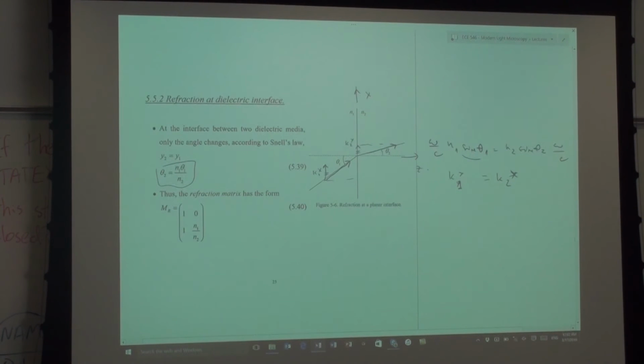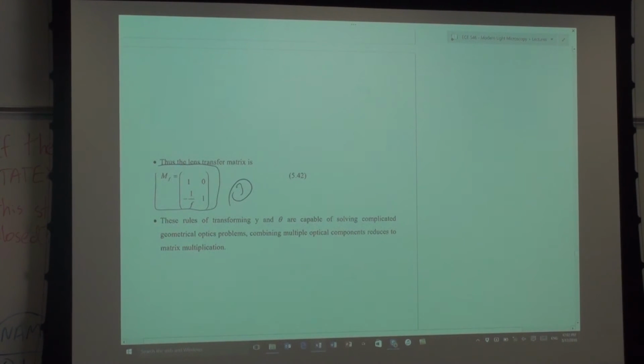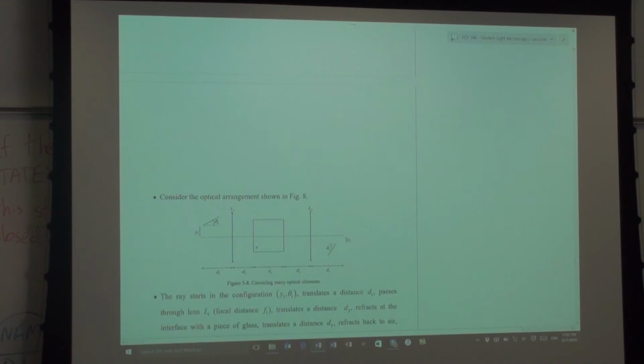The refraction, number 2. And now the lens is number 3. I understand everything if I know these 3 matrices, because anything you throw my way, I will be able to write a matrix for it.